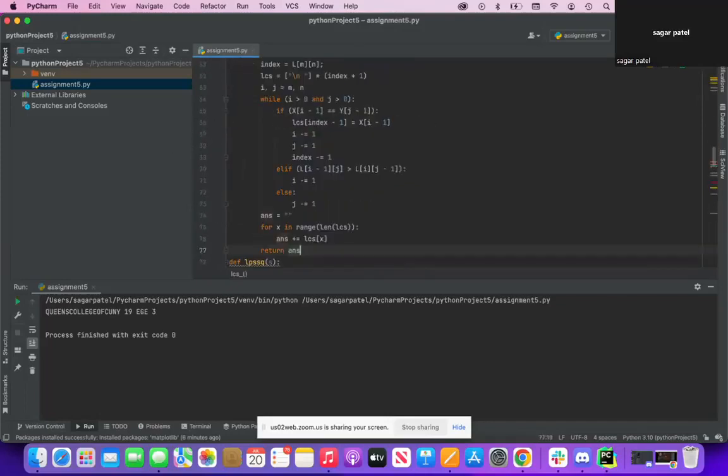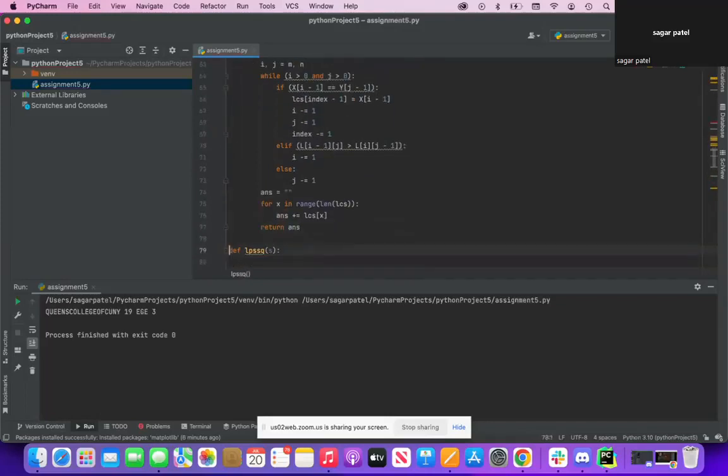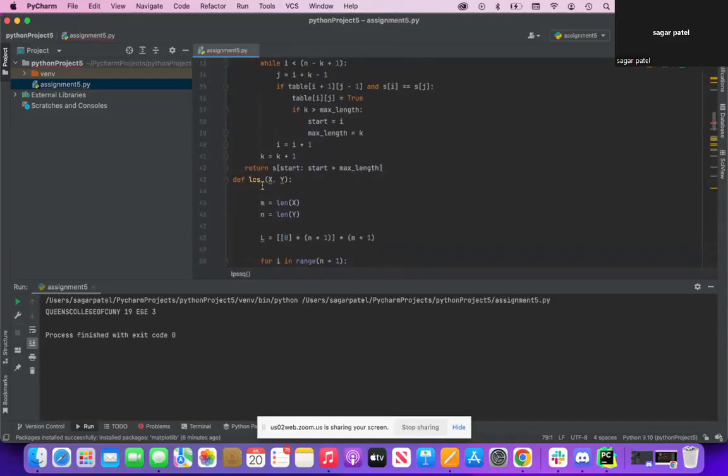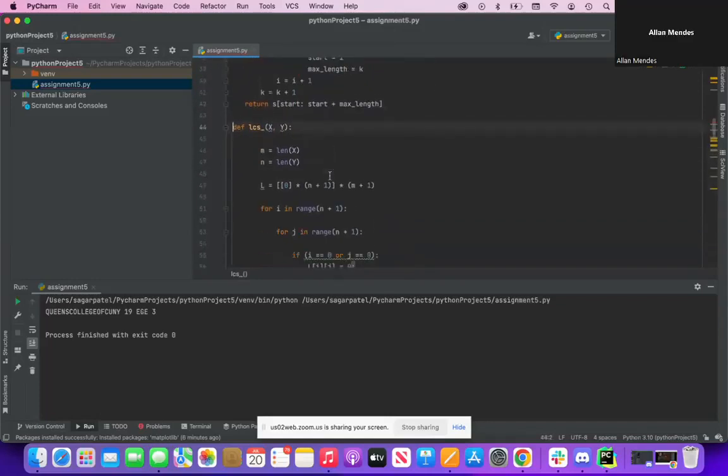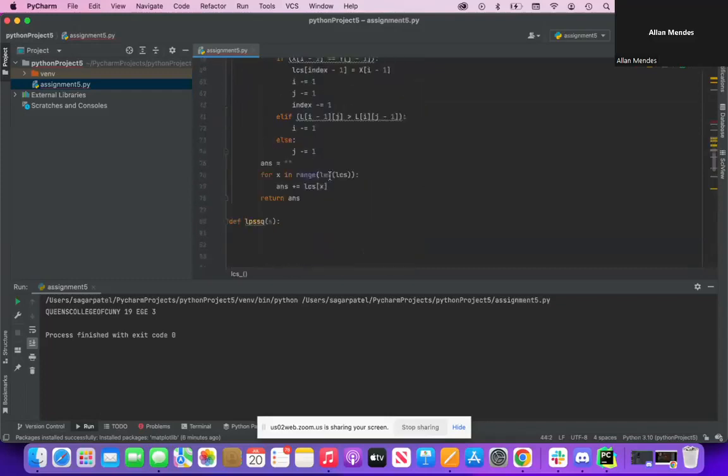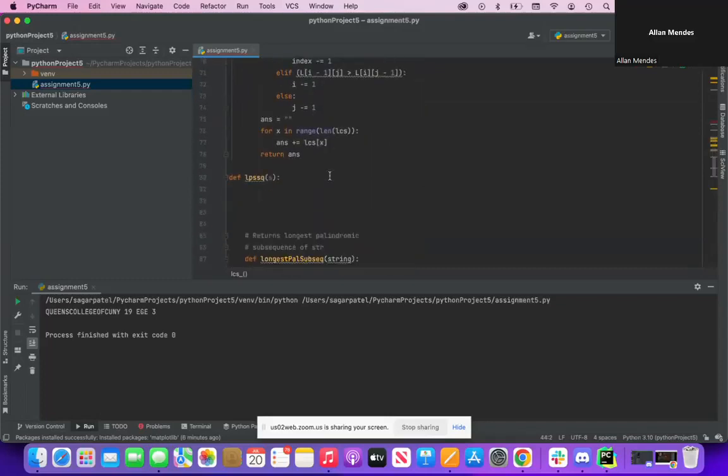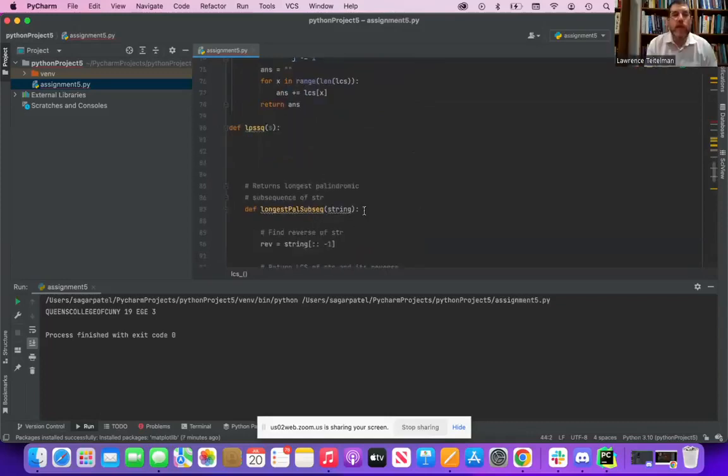Okay. Scroll down and remove line 87. Get rid of from 87 up there. Now clean that up.